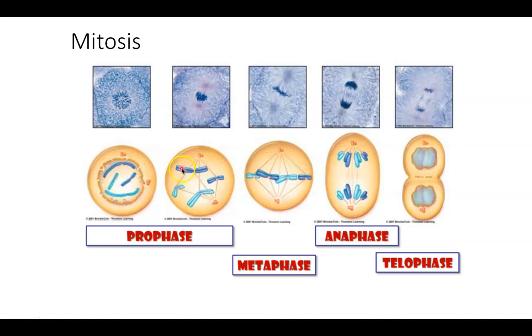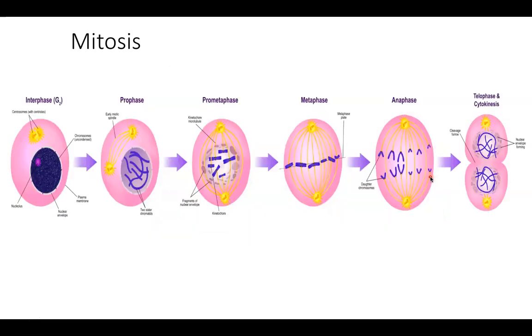Your chromosomes are completely attached to their microtubules and they're starting to come towards the middle. In metaphase, they're completely in the middle, completely attached. In anaphase, they're separated. In telophase, they begin to get back to interphase type conditions and have a cleavage furrow forming in the middle.